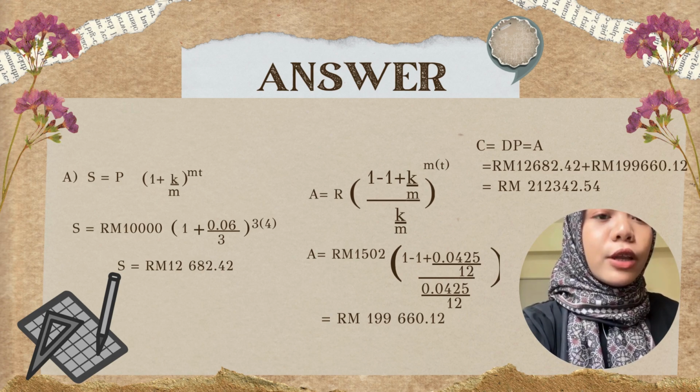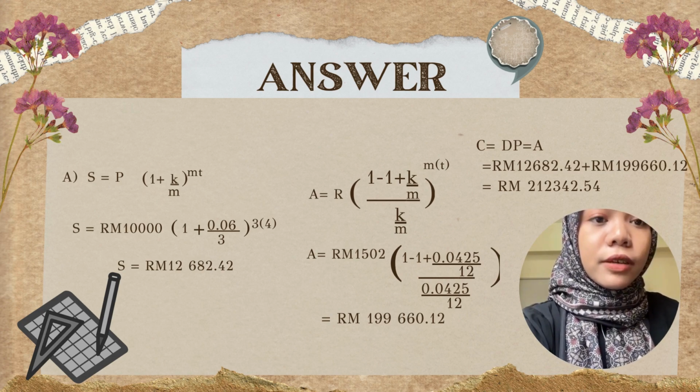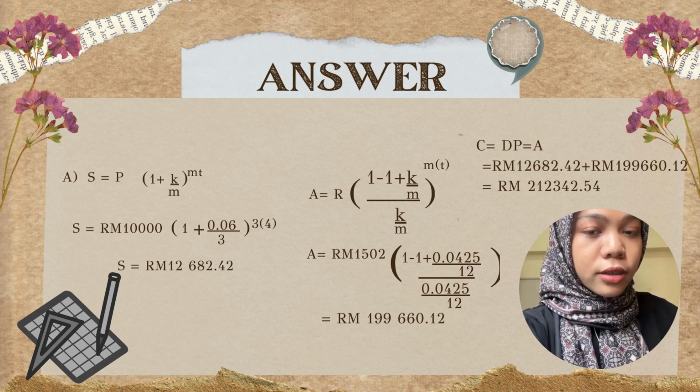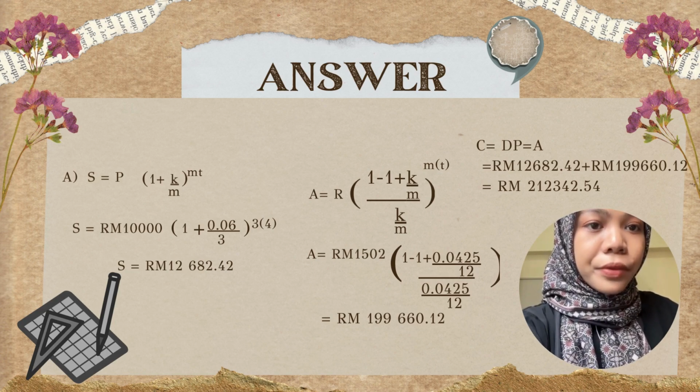So to find the value of the down payment, given P is RM10,000, K, which is the rate of the compounding, is 0.06, and M is 3, which is compounded quarterly, 12 divided by 4, and we get 3 for M, and the time is 4 years.